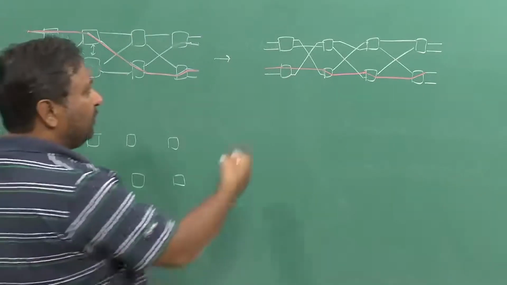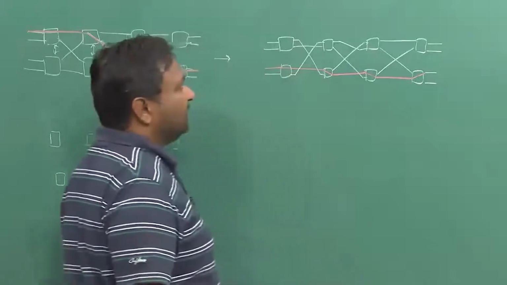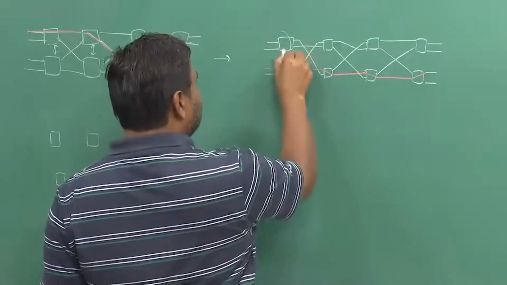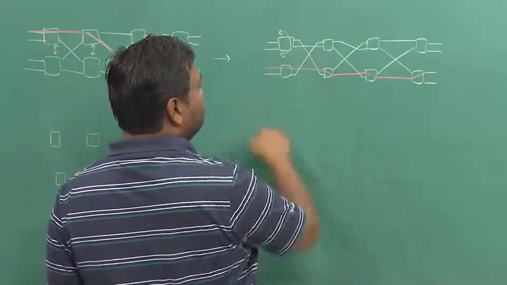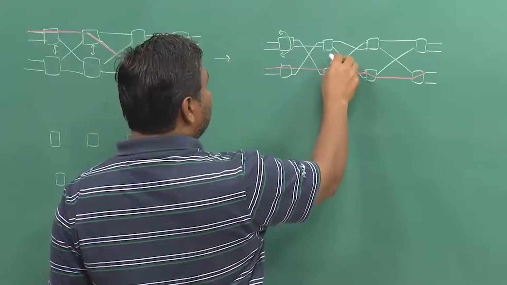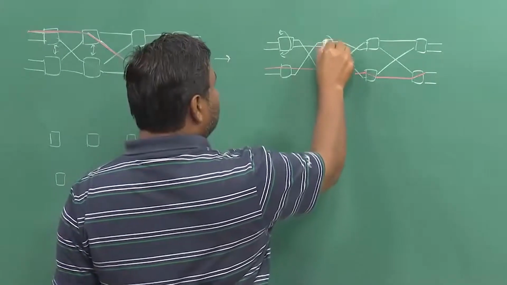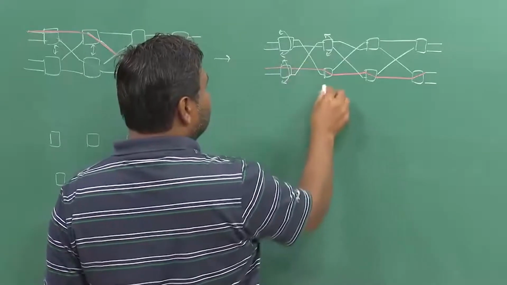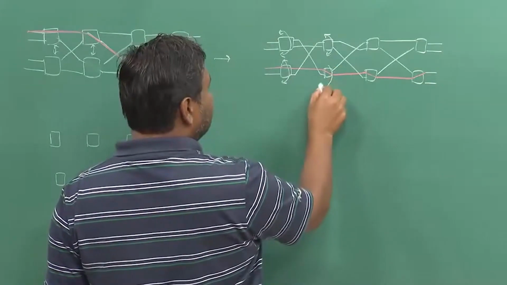I can now even rotate the switches, I told you, I can rotate the switches. So, I will rotate this one so that this twist can be taken care of. I will rotate this one, I will rotate this one, and I will rotate.